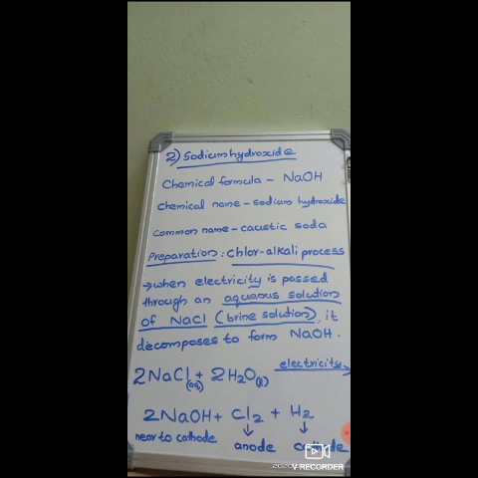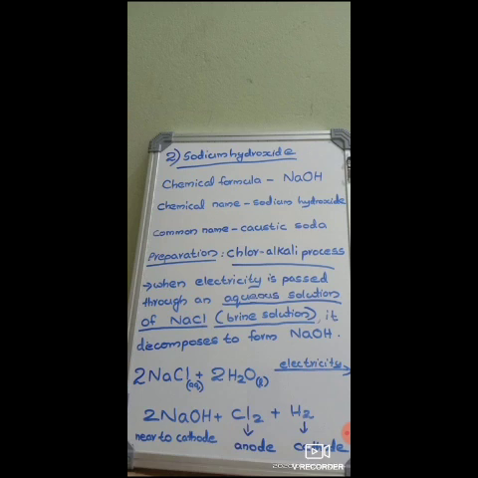One is the anode and the other is the cathode. The anode is positively charged and the cathode is negatively charged. When electricity passes, some of the components will get deposited at the anode and some at the cathode. We will be able to collect them.